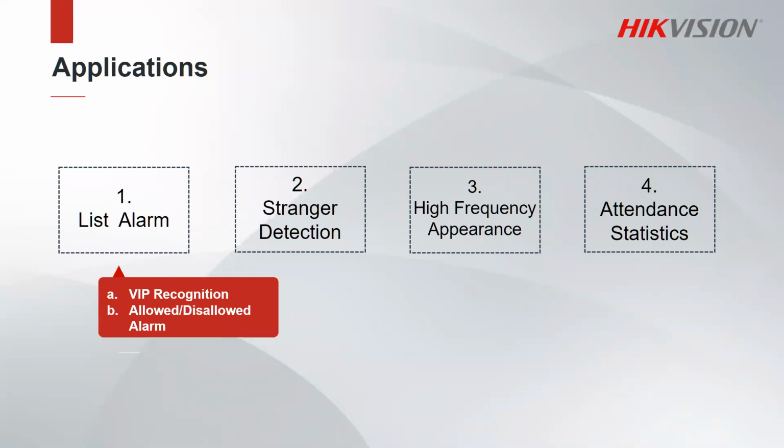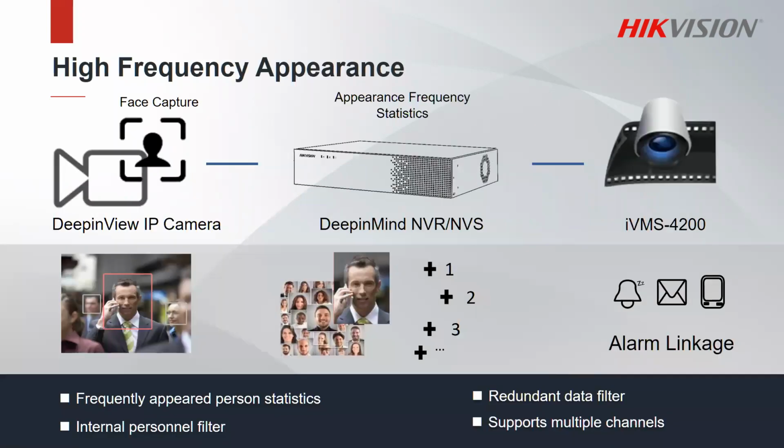High frequency appearance can be used to monitor a person of interest that may be loitering or hanging around specific areas. Using face capture cameras and some specific DeepinMind NVRs, we can identify when a captured face is visiting an area multiple times.